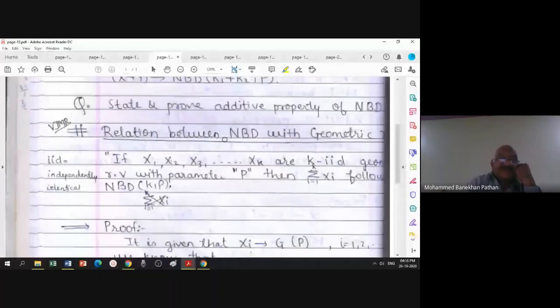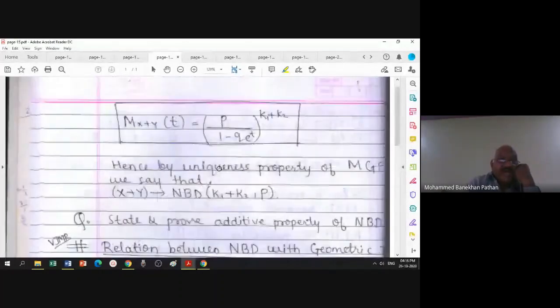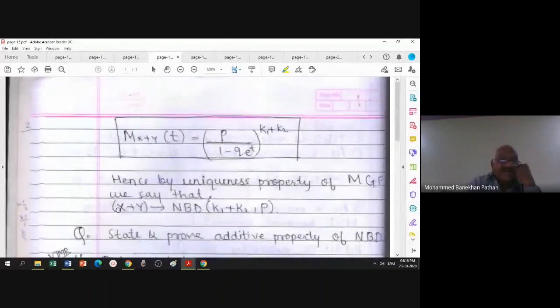Let us see the difference from the previous topic. I have X NBD, Y NBD. I make the sum of them. The sum also remains in NBD. If this happens, then it is called the additive property. That is not true for geometric.